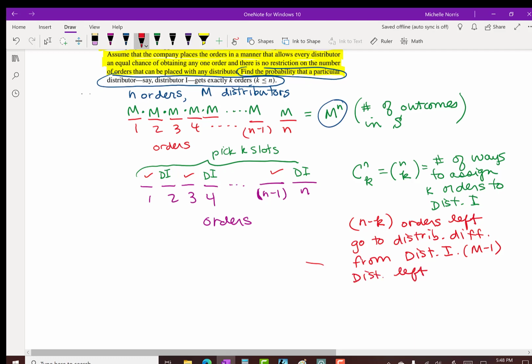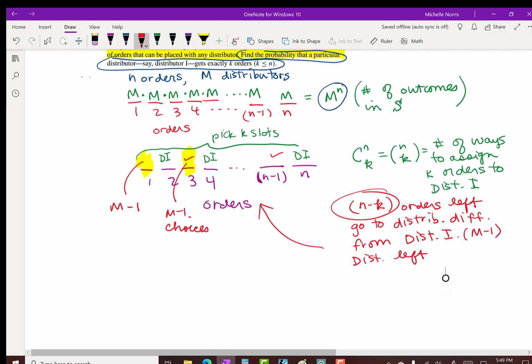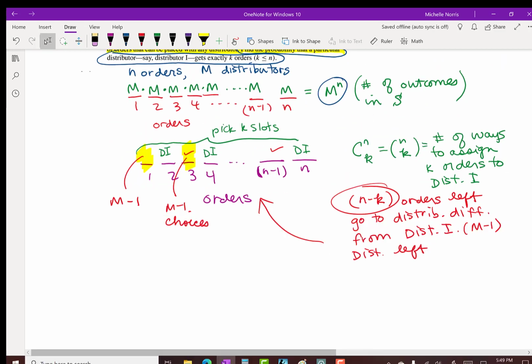For each of the empty slots, for example this order number 1 that didn't get assigned to distributor 1, there are M minus 1 choices for who order 1 could get assigned to. The same goes for order number 3. If order number 3 didn't get assigned to distributor 1, there are again M minus 1 choices, because you don't want to assign it to distributor 1. So we're going to have M minus 1 times M minus 1, and so on, N minus K factors, because there are N minus K empty slots.